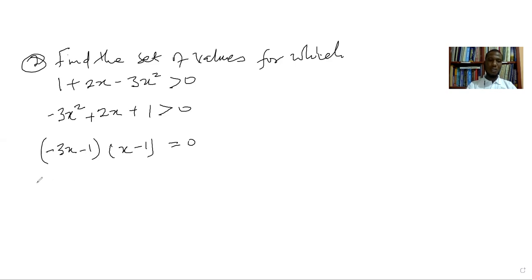So when you equate each of them to 0, you are going to get x equal to negative 1 over 3 or 1. So these two values are going to tell us where our graph is going to cut the x-axis.